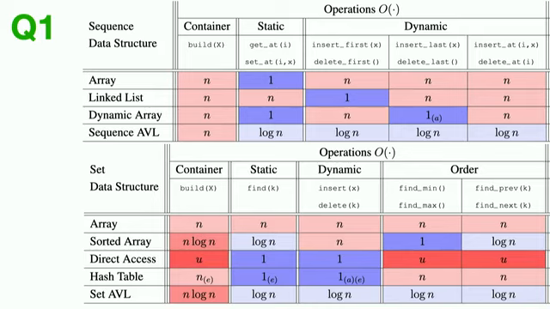Okay, so the dynamic array tended to be, in your coding practice, your most common sequence data structure here, though we can get pretty good for this insert in the middle operation with the sequence AVL. Okay, then on the set data structure side, I kind of categorize these things into a couple different categories here in terms of the operations we can support on these things.